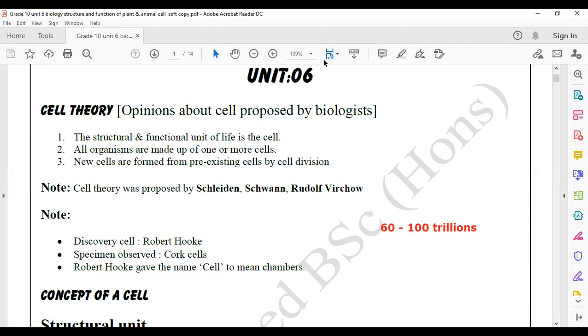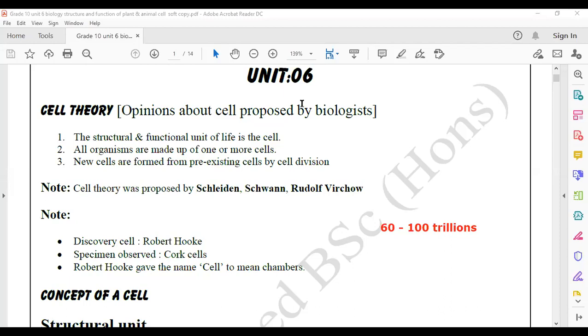Those two cells divided, and four cells came. Those four divided, and 8 cells came. 8 cells divided, and 16 cells came. That way, dividing. Now we have 60 trillion cells in the body.